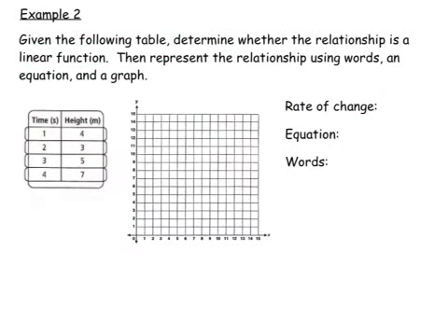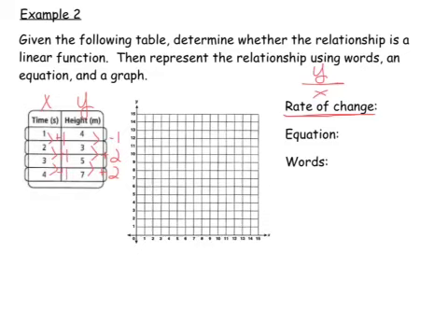Now we have another example, same as last time, and first we're going to find our rate of change. Remember, rate of change is y divided by x. Our time is x, our height is y. From 4 to 3, we subtract 1. 1 to 2, we add 1. 3 to 5, adding 2, but 2 to 3 is still adding 1. 5 to 7, adding 2, adding 1.